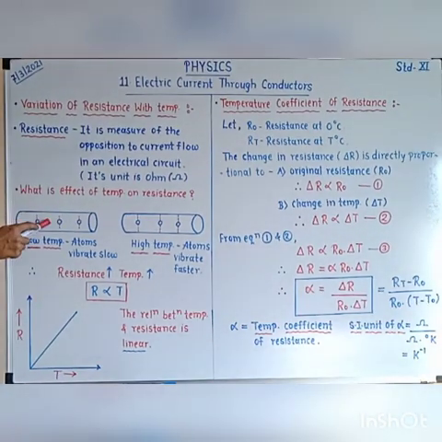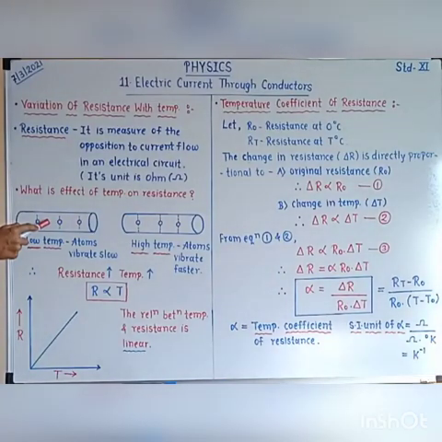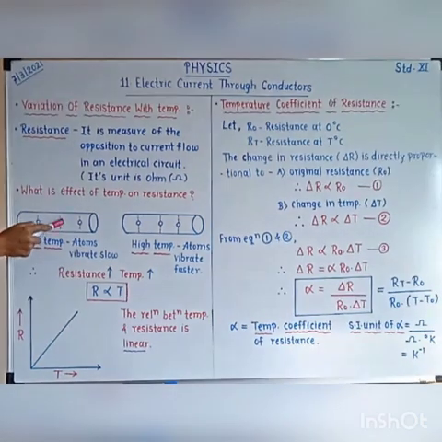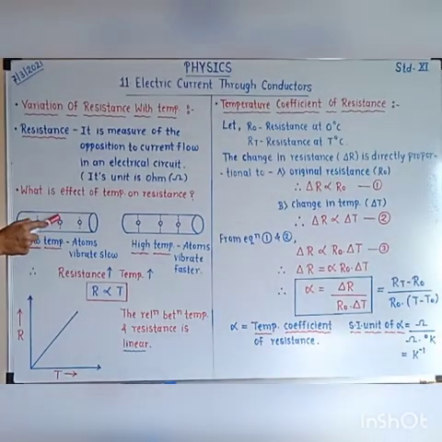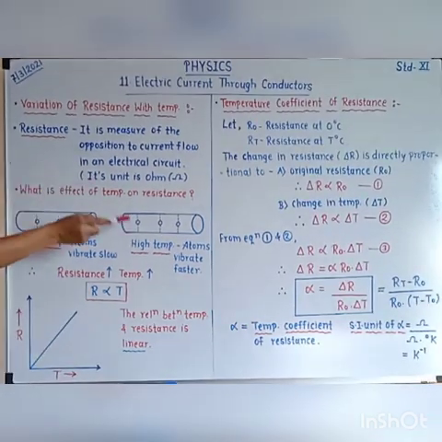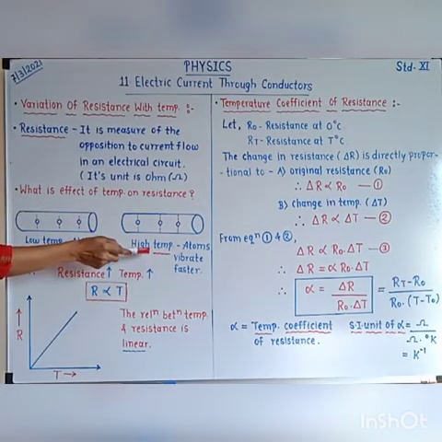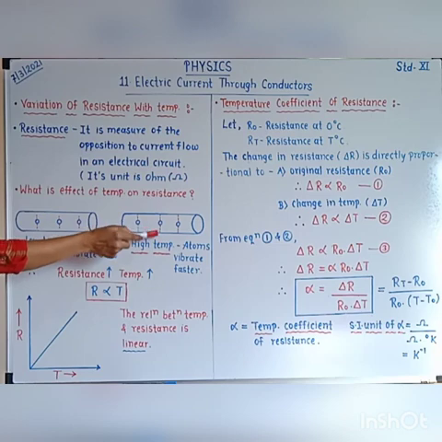In the first figure, the temperature of the conductor is low, so these atoms vibrate slowly with minimum amplitude, and in the second figure the temperature is high, so these atoms vibrate faster with maximum amplitude.